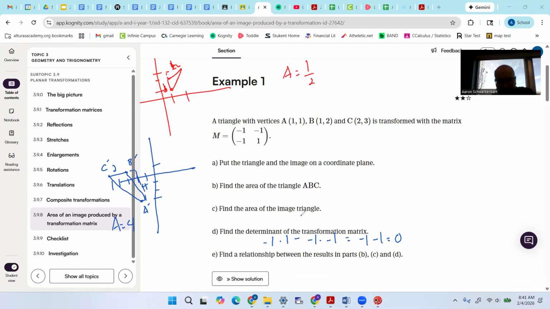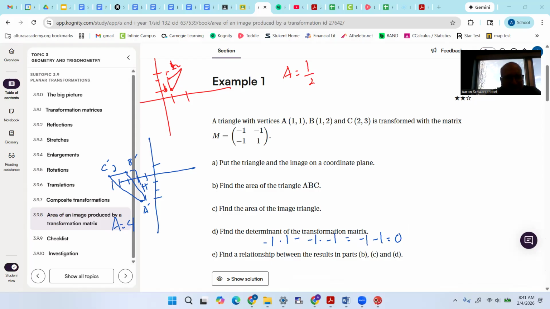The area, the image triangle. I feel like there's something wrong with one of these. X minus x1 times y1 minus. So I think you were supposed to just subtract those to get a single value.